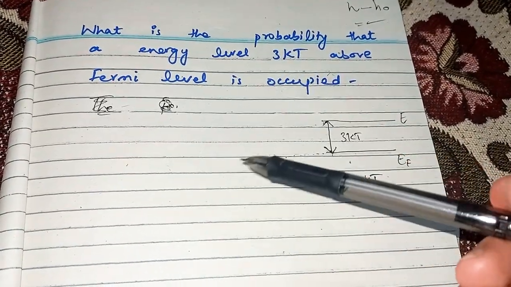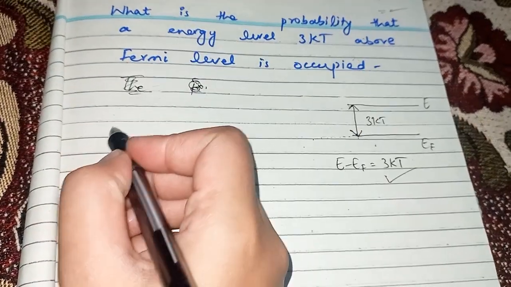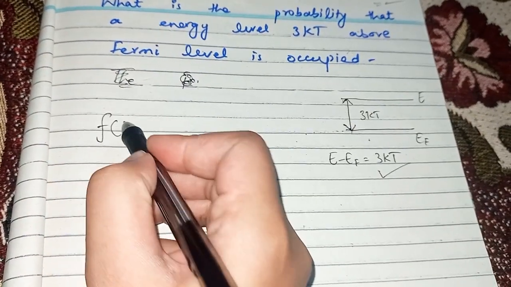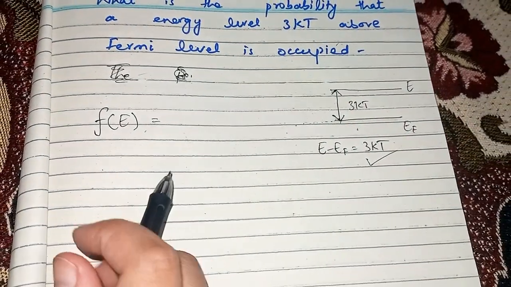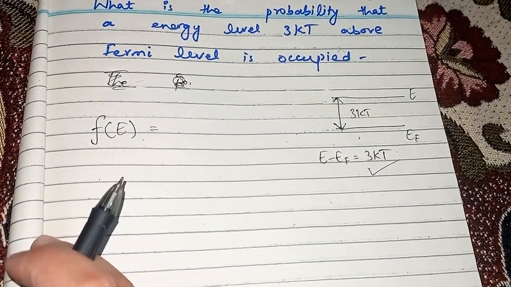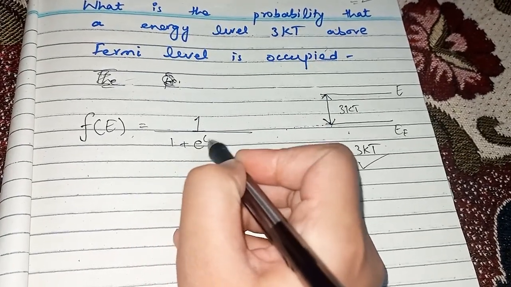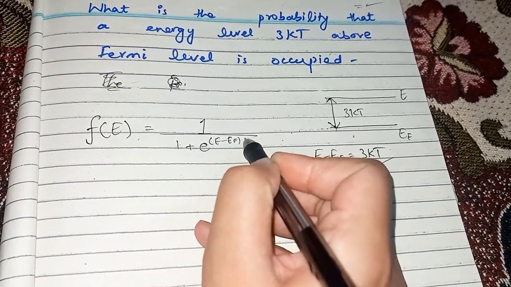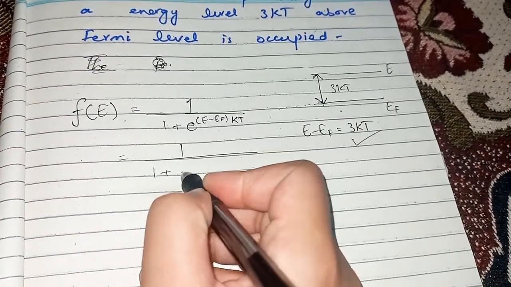this state is occupied. And the probability that a state is occupied is given by the Fermi-Dirac probability distribution function, which is f of E. This is the probability of occupancy of a state by an electron. Okay, and it is given by 1 over 1 plus e to the power E minus EF by kT. And now we will put the values here.